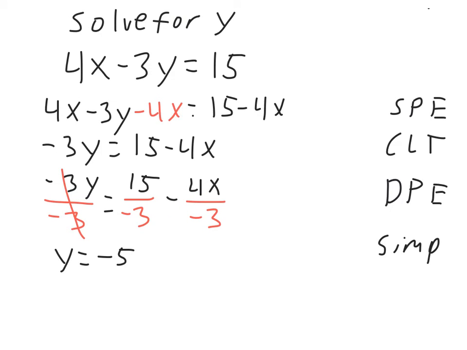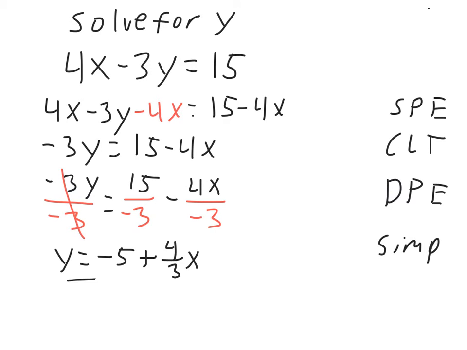The negatives cancel to make this a plus, and then for this, I'm not big on how you write it. The way I would write it would be 4/3 x. I would also take 4x over 3. So this is your answer right here.